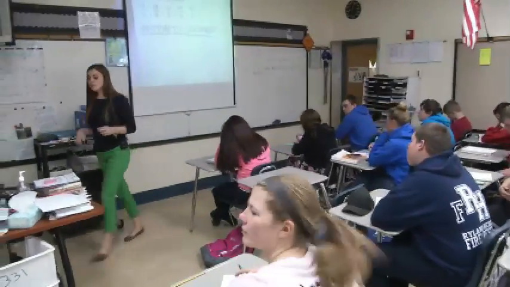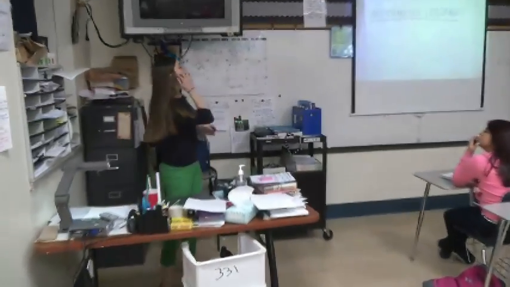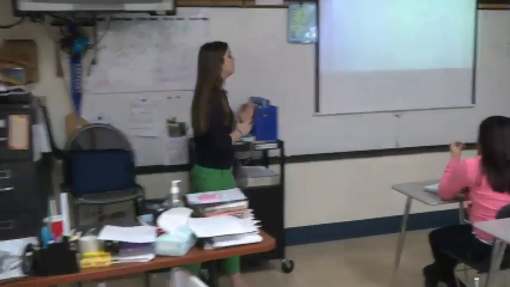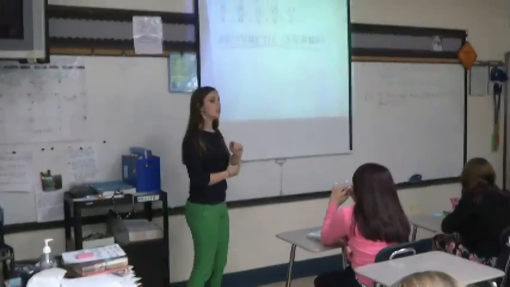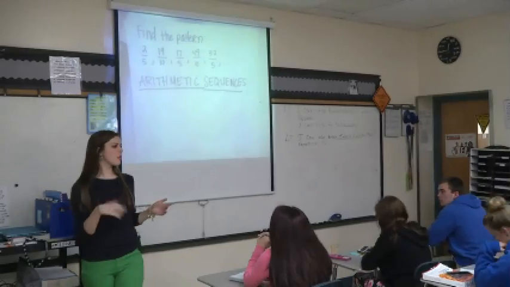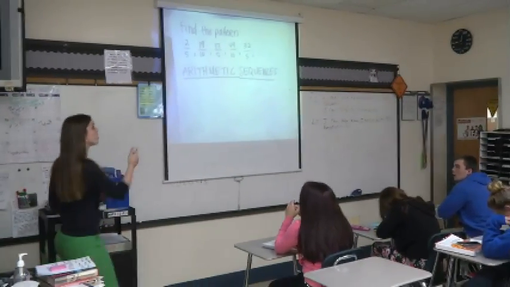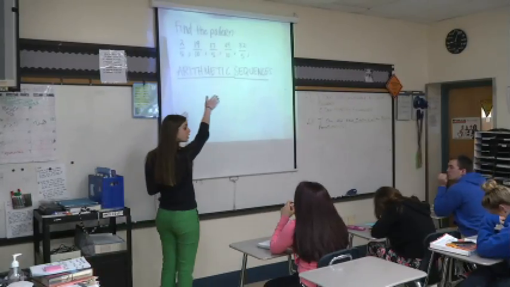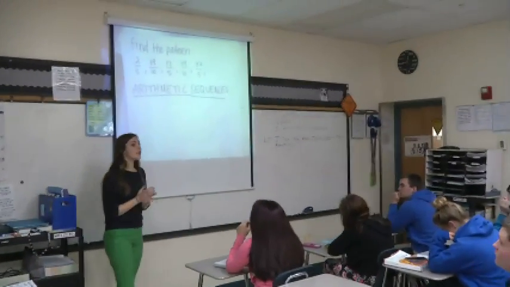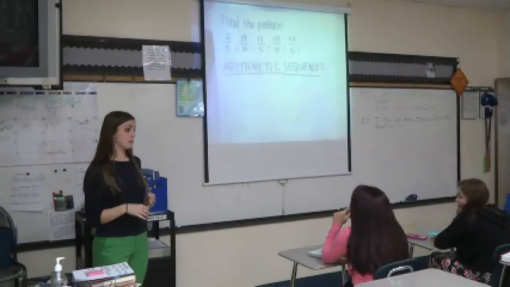All right, so I saw a few people who were on the right track. So, Zach, what did you get? Add 3 over 2. So I saw a few people with 1.5, which is correct. 3 over 2 is 1.5. But since our sequence is in improper fractions, we want to write our answer as an improper fraction.